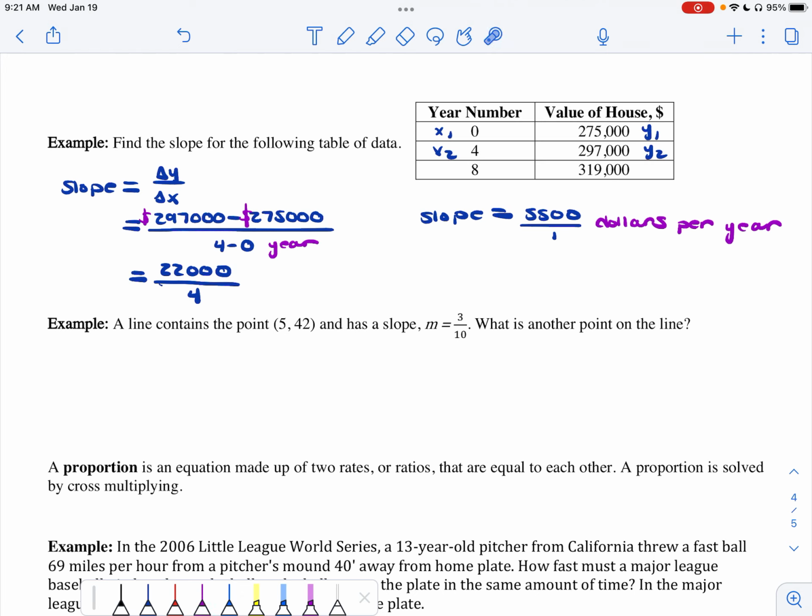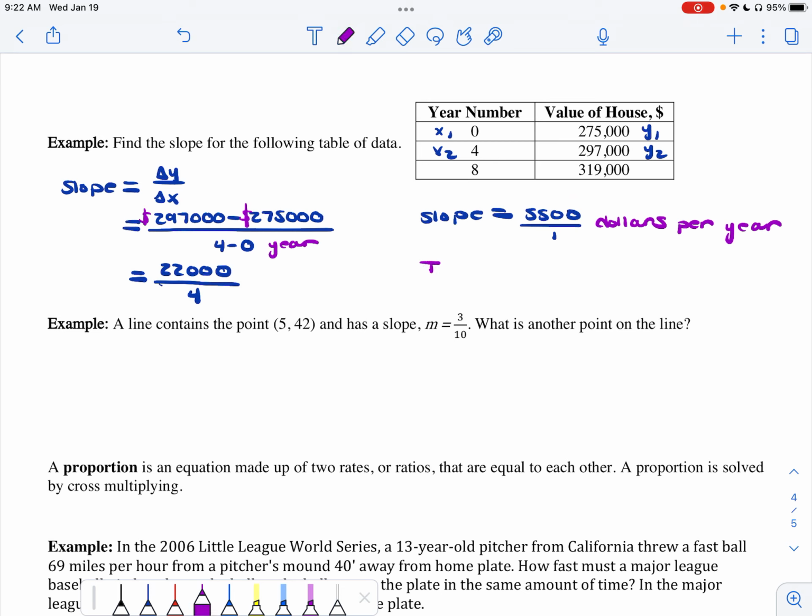Okay. Now, if we think about what this is talking about, let's try and put this in a sentence if we can. So remember, our x is measuring the number of years, and y is measuring the value of a house. Because we came out with a slope that's positive, that means that we have an increase in the value of the house over time. And specifically, the value of the house is increasing by $5,500 per year.